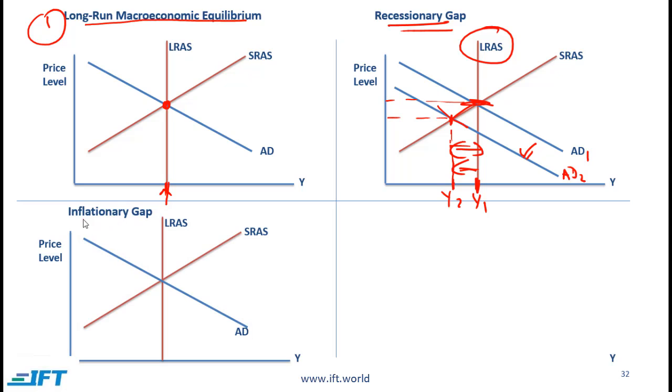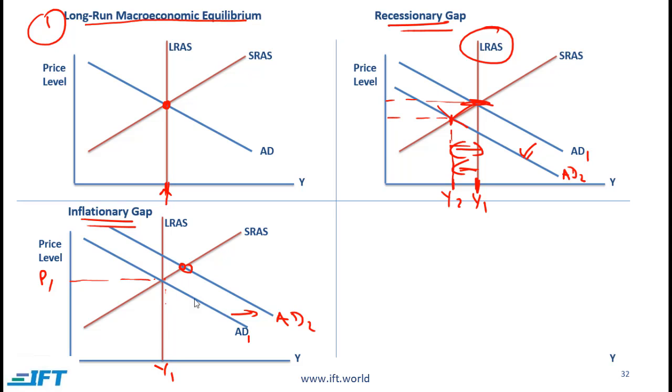Next situation, inflationary gap. This happens if the aggregate demand curve shifts to the right. In this particular scenario, if we go from AD1 to AD2, look at what is happening to the output. Initially, the output was here at Y1, and let's say the price level was at P1.